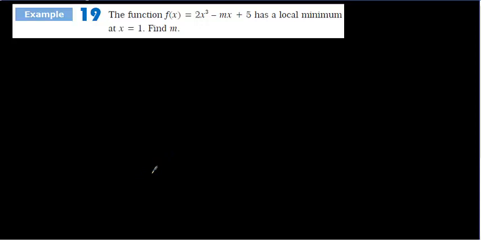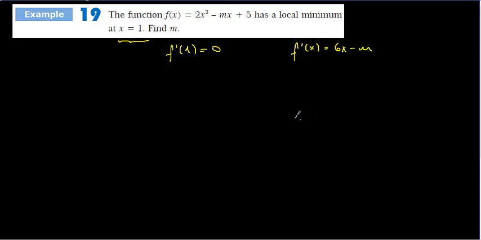Now in this question, it's also given that at x equal to 1, it has a local minimum. So it means that f derivative 1 is equal to 0, like in the previous page. If f derivative 1 is equal to 0, we should first find f derivative. F derivative x is equal to 6x minus m.